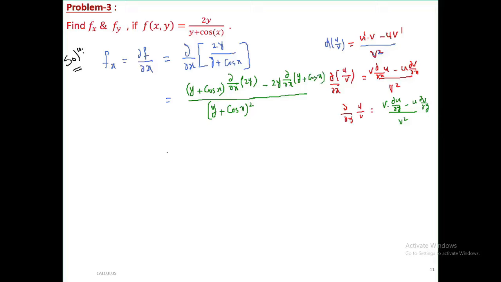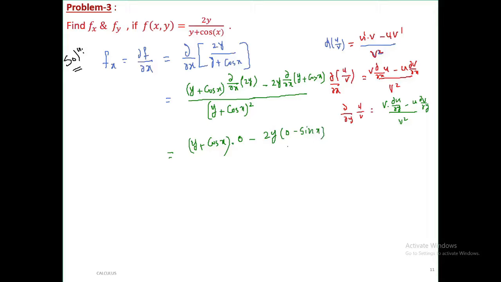Now simplify this. What will you get? Y plus cos x as it is, and dou by dou x of 2y is 0. With respect to x you have to do the derivative, which means treating y as constant. 2y is a constant, so the derivative of a constant is 0. Minus 2y as it is, and dou by dou x of y plus cos x. So y derivative is 0 because y is constant, plus cos x derivative with respect to x is minus sin x.